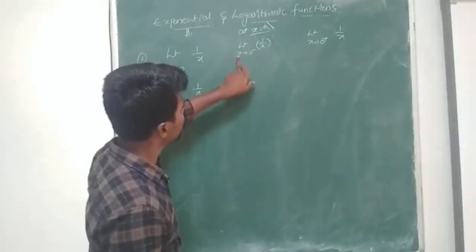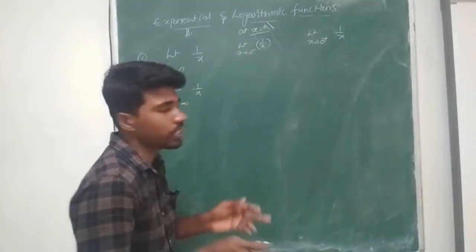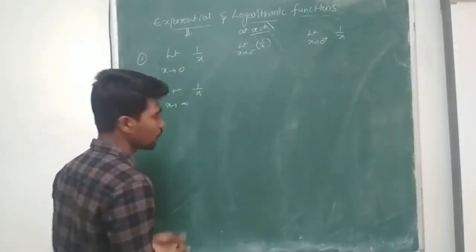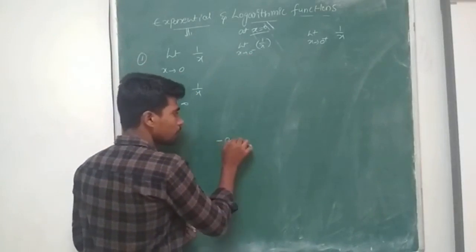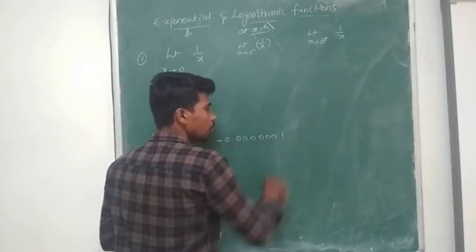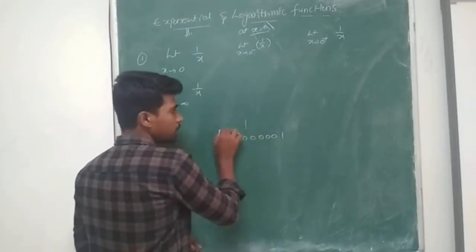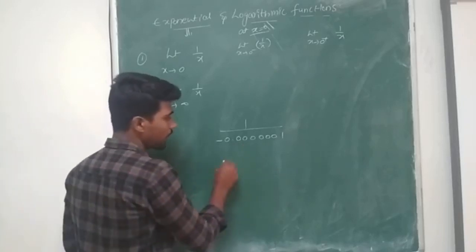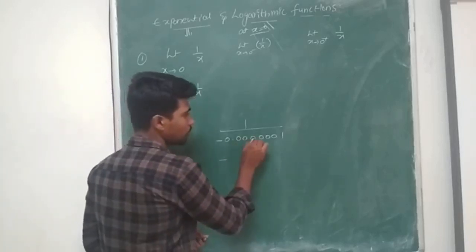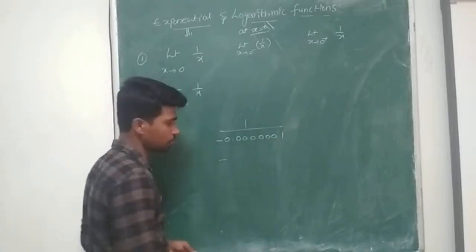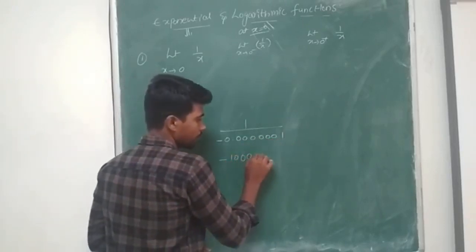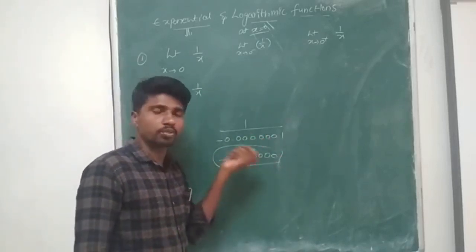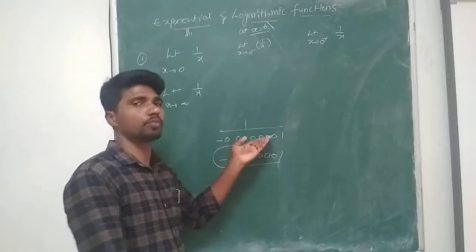If I take the limit as x extends to 0 minus, which is approaching 0 from the left side, it is nothing but a value like minus 0.0000001. Now if I take its reciprocal, what do we get? 1 by 0.0000001, just for example I took. Now what do I get? Minus 1 followed by 7 zeros. This is not the nearest one, we can still go nearer by taking millions of zeros.